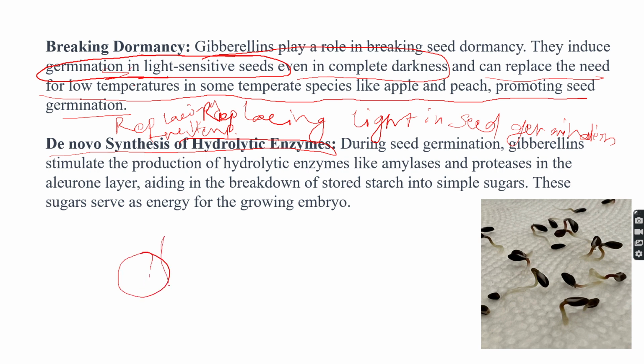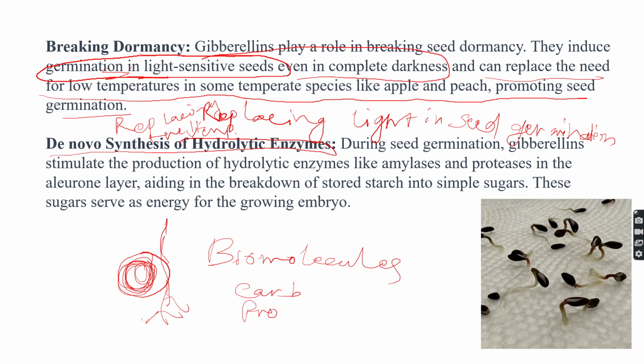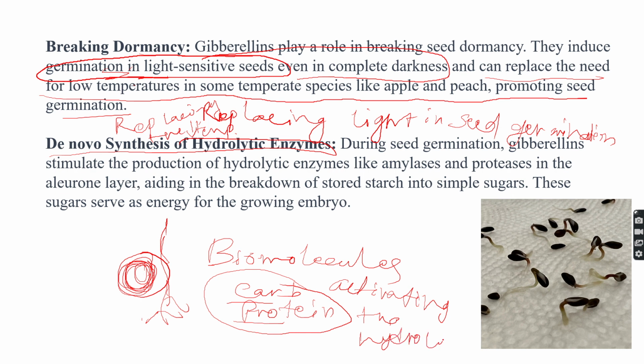When a seed is germinated, the plumule and radicle develop. How are they developing? There is stored food in the endosperm or cotyledon, which is basically your biomolecules such as carbohydrates and proteins. Gibberellin helps to break down these complex molecules into simplified form, and for that it activates the hydrolytic enzymes such as amylase and protease.